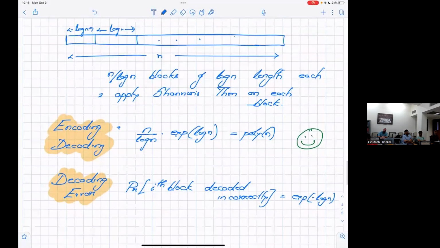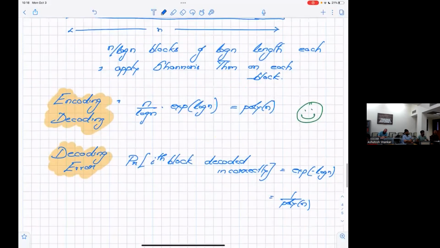That is 1 over poly n. This is just for the ith block. But what we care about is that an error occurs. This is the same as the probability that there exists some block i such that the ith block is decoded incorrectly.